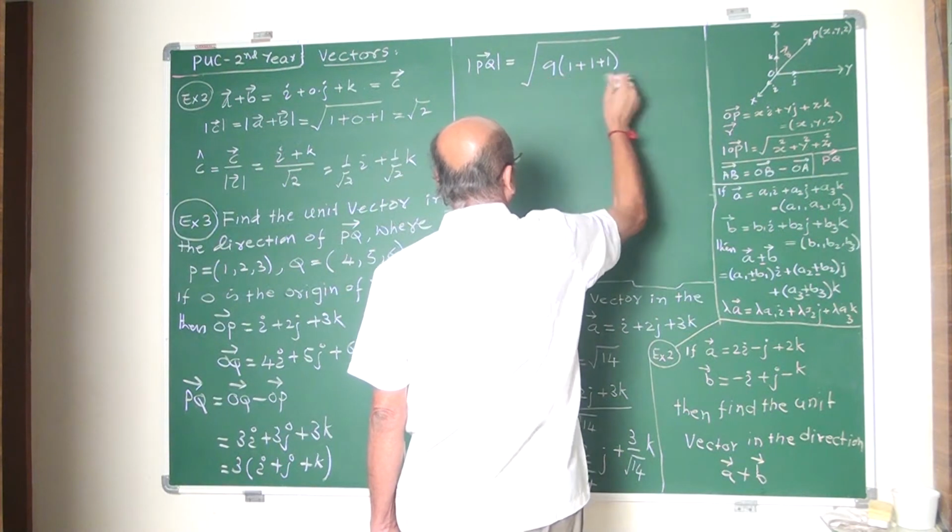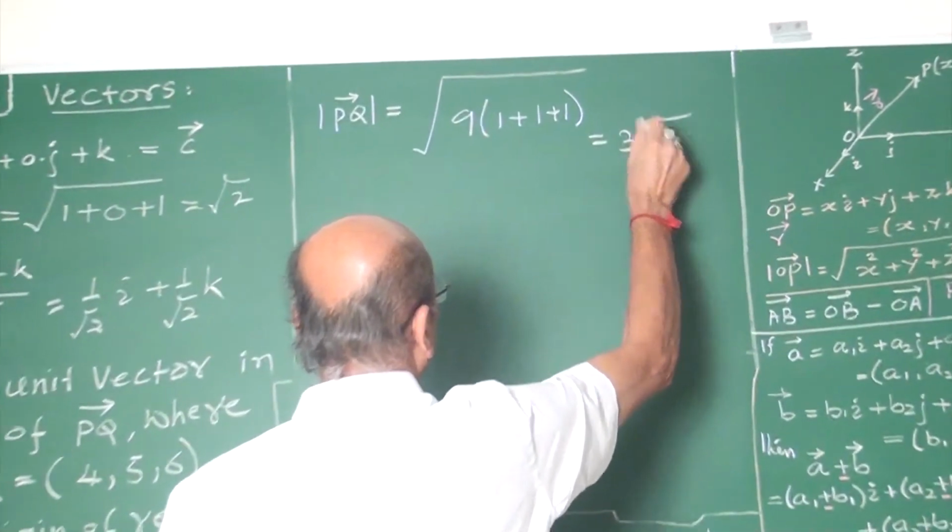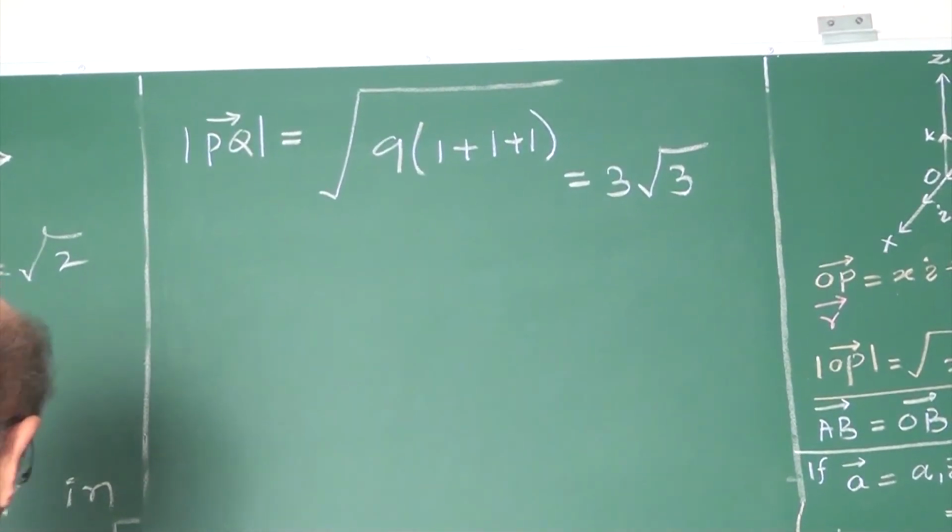Square root of 9 is 3 into square root of 1 plus 1 plus 1, that is root 3. This is the magnitude.